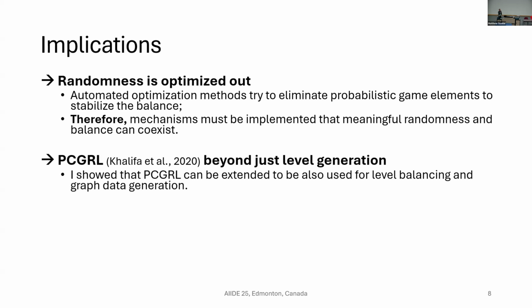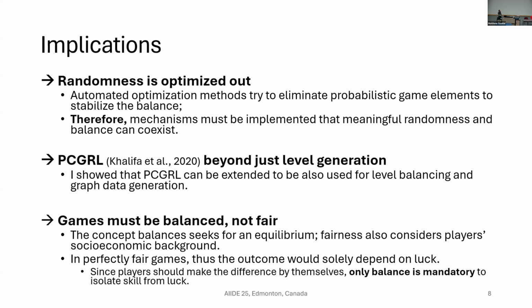Second, PCGRL is much more than level generation. You can also use it for balance, and I've shown that in many papers. And you can also use it for graph data generation as well. And lastly, I argue that games must be balanced, but they must not be fair, because fairness is a socio-economic concept.